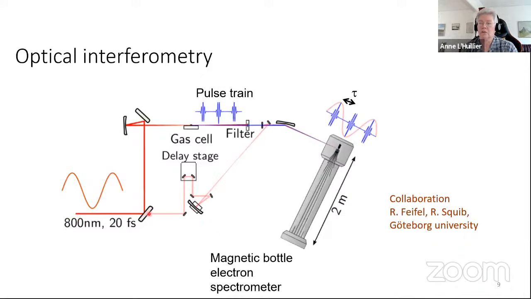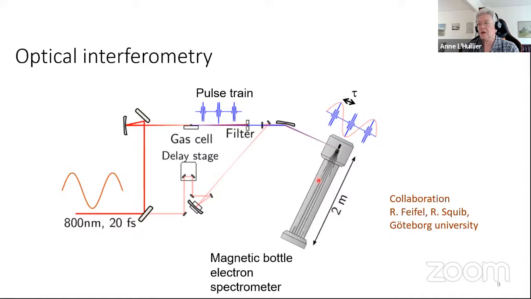In one arm, our pump arm, we generate harmonics in a gas cell. We obtain a pulse train. We filter this pulse train. We remove the fundamental field and actually the low order harmonics. And we have a probe arm where we have a delay stage. And then we recombine the radiation and focus it into a vacuum chamber where we have the gas that we want to study.